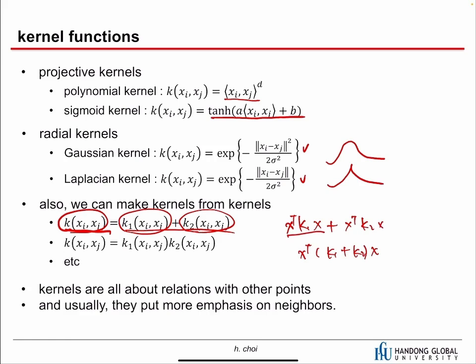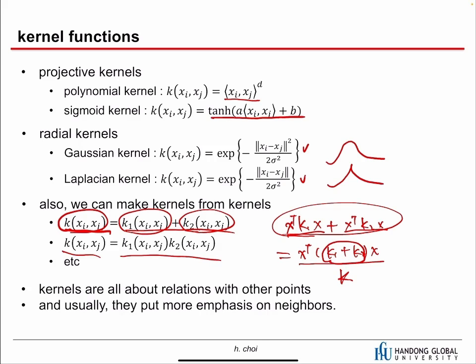Since this one is positive and this one is positive, the result of this sum should be positive, which is exactly the same as this one. So if we use k, then k should be positive definite. Then if we multiply, this one is positive definite too.